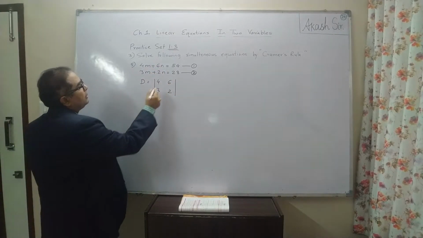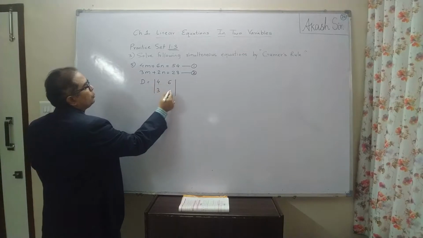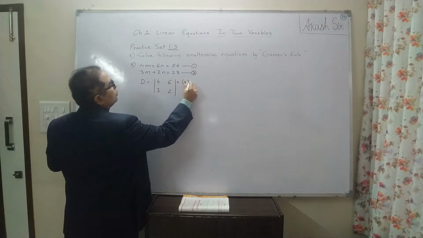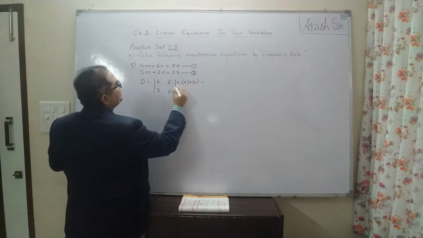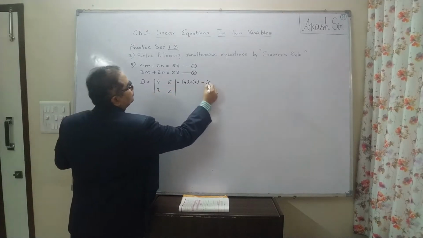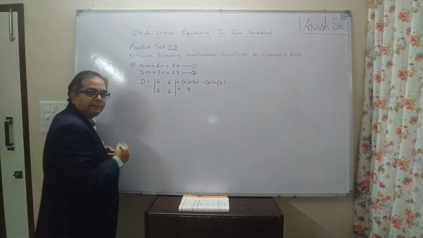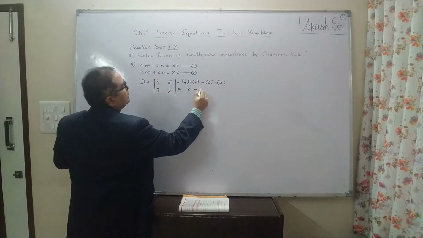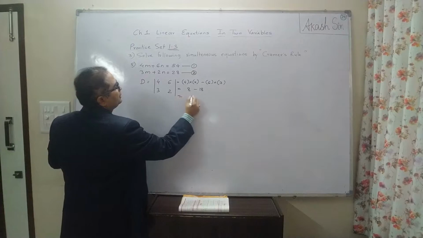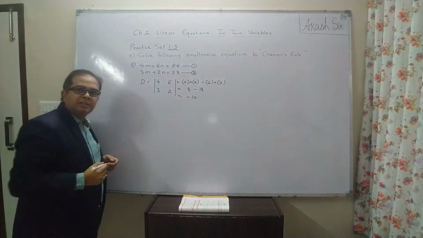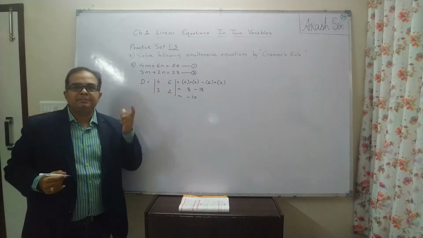Let's solve. Cross multiplication: 4 into 2 minus 6 into 3. 4 2s are 8, 6 3s are 18. So 18 minus 8 is 10, bigger number sign is minus, 10. So the value of D is minus 10.